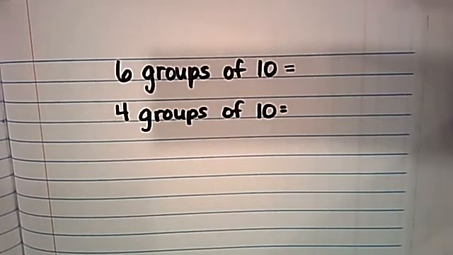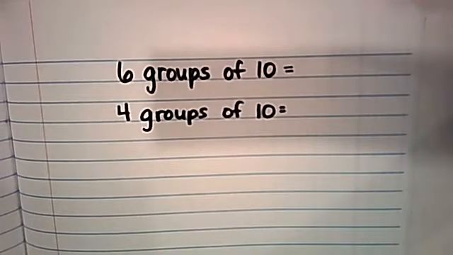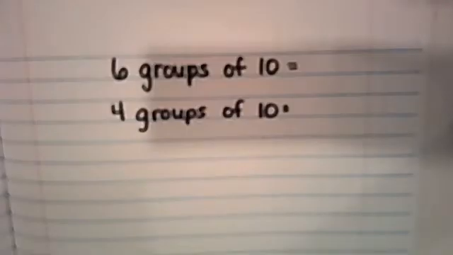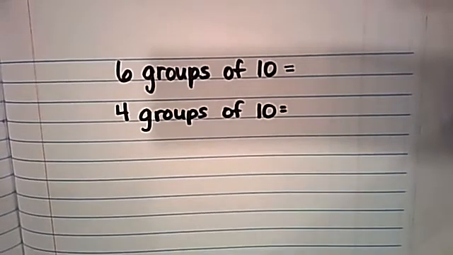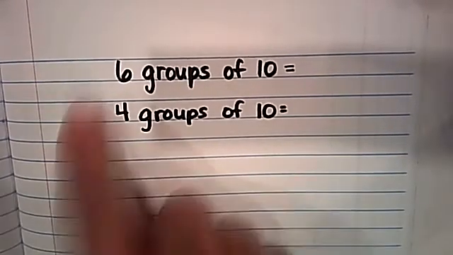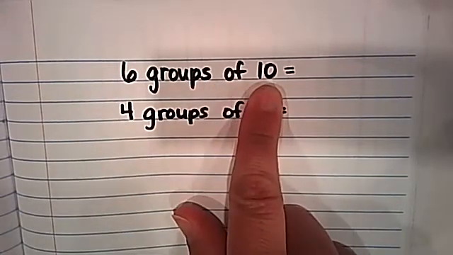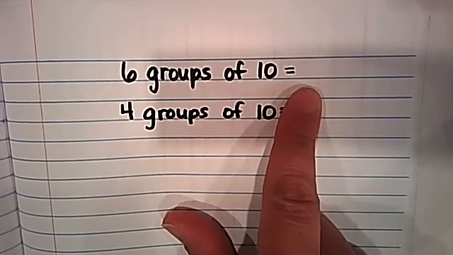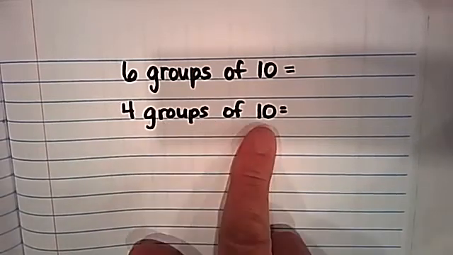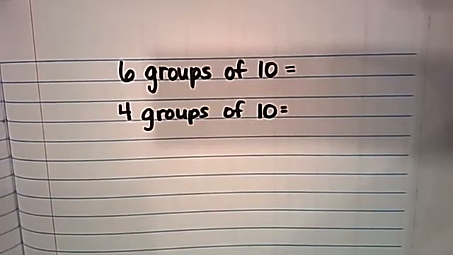A few days ago, we learned how to multiply by 10. We did it with macaroni in school, if you remember. So if we had 6 groups of 10, think how many did we have? 4 groups of 10, how many did we have?